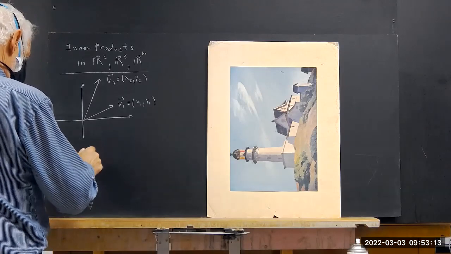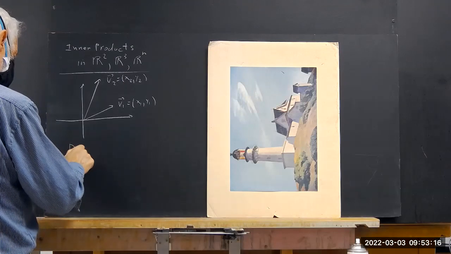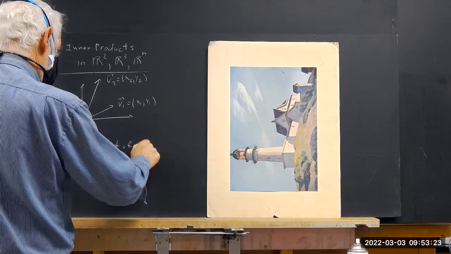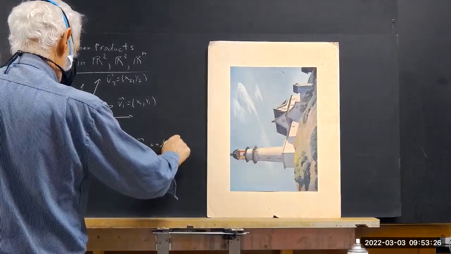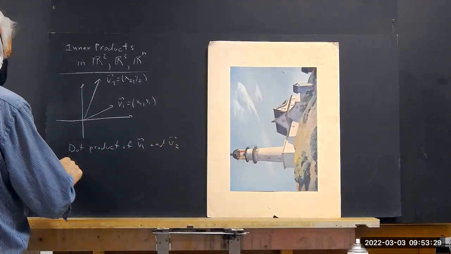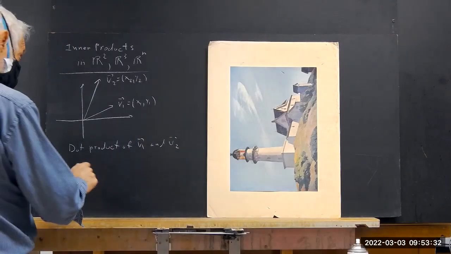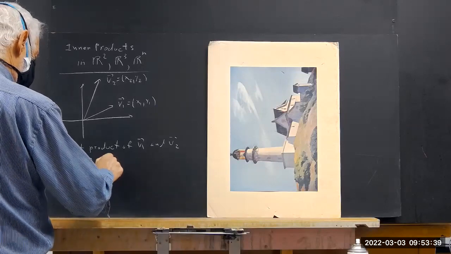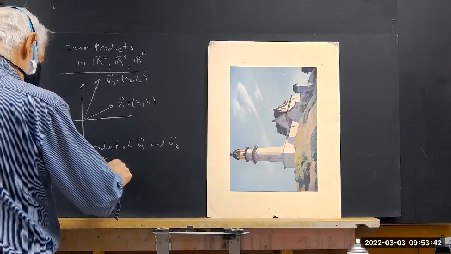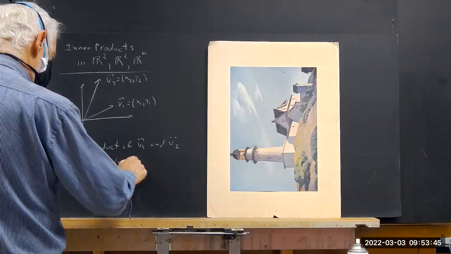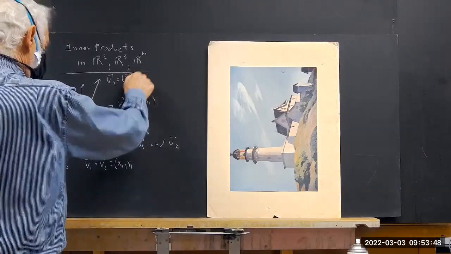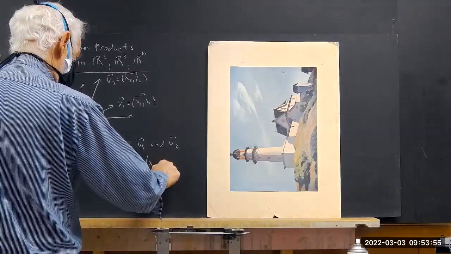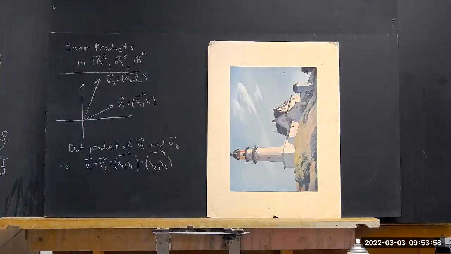Then the dot product is defined to be... I'm going to put arrows over these, according to the notation the book has established.